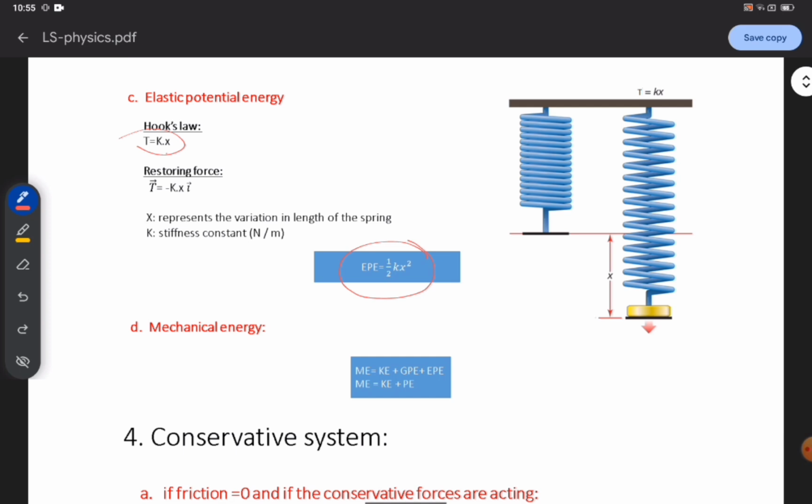Each spring has an natural length or free length L0.